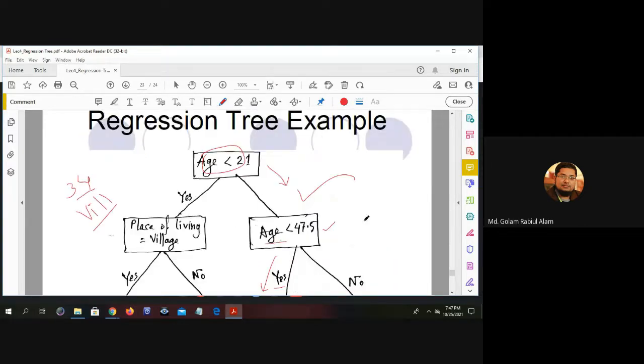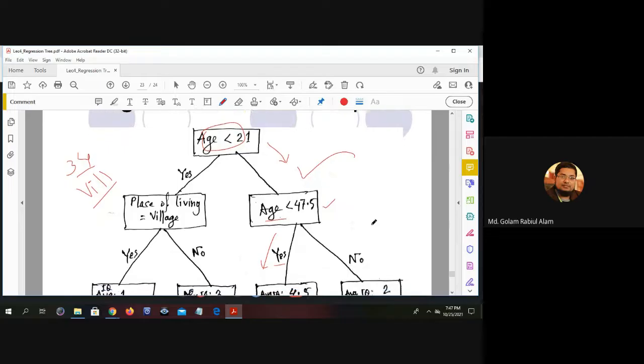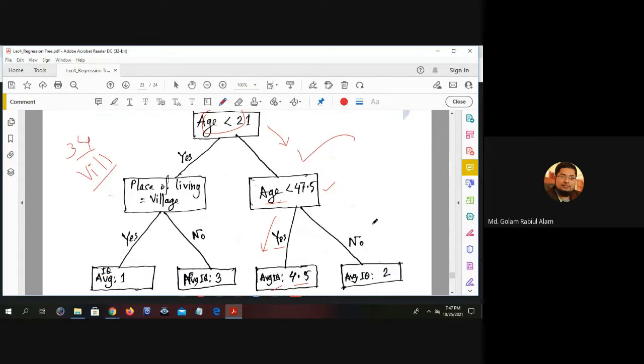Okay, then this is the whole tree, and this is called the regression tree. This is the constructed regression tree for our data. Now from this regression tree, can we answer some queries?